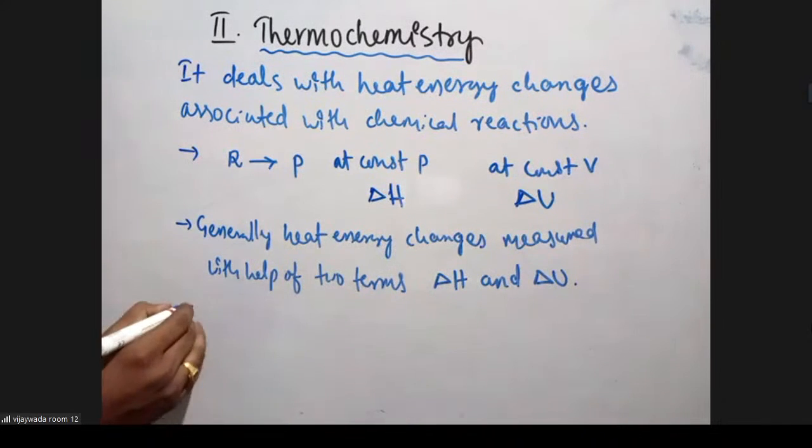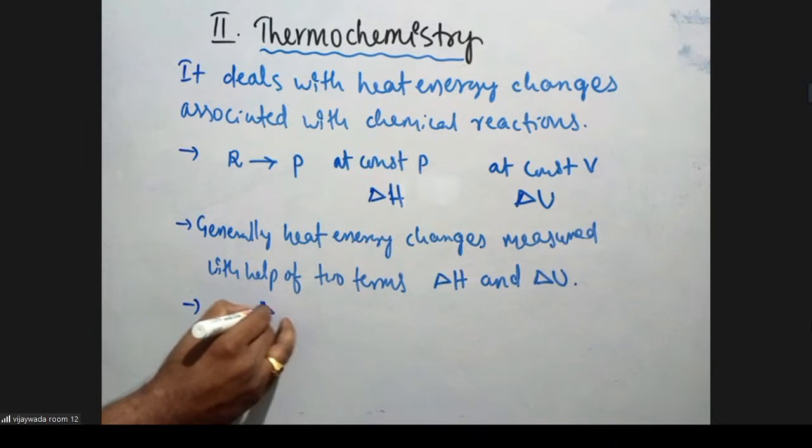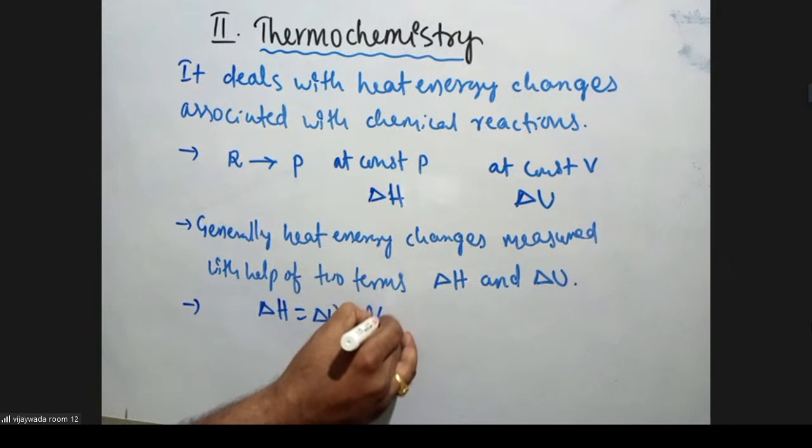And the relation between delta H and delta U is delta H equal to delta U plus P delta V.